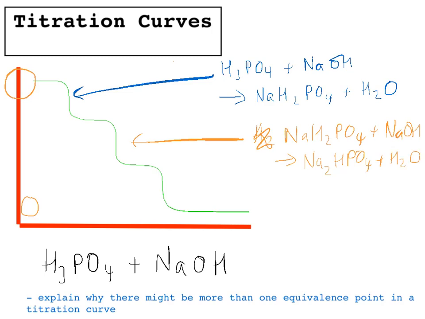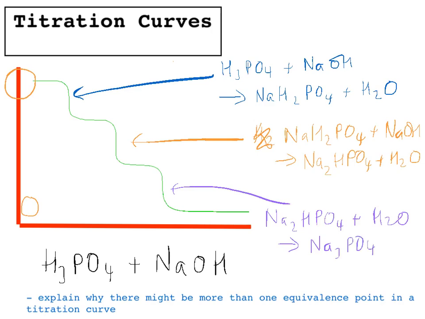And then at our final equivalence point, we've got the last reaction happening, which would be Na2HPO4 plus NaOH going to make Na3PO4 plus H2O. Sorry, that shouldn't have been H2O in the reactants, that should have been NaOH, obviously.